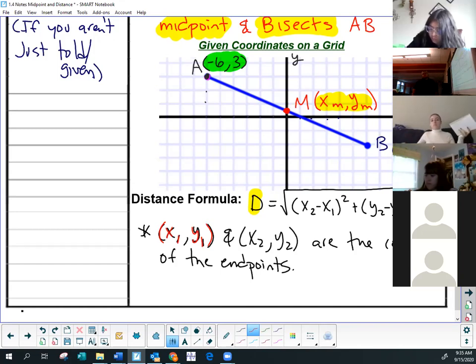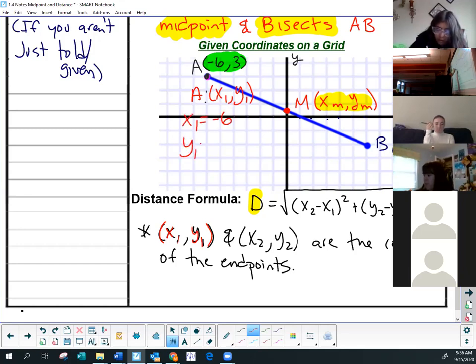In this case, the 1 and the 2 are simply in order. So 1 is the first endpoint, the 2 is the second endpoint. In this particular example, X1, Y1 just refer to A. So X1 is equal to -6, Y1 is equal to 3. That's going to give us numbers to substitute into this equation.